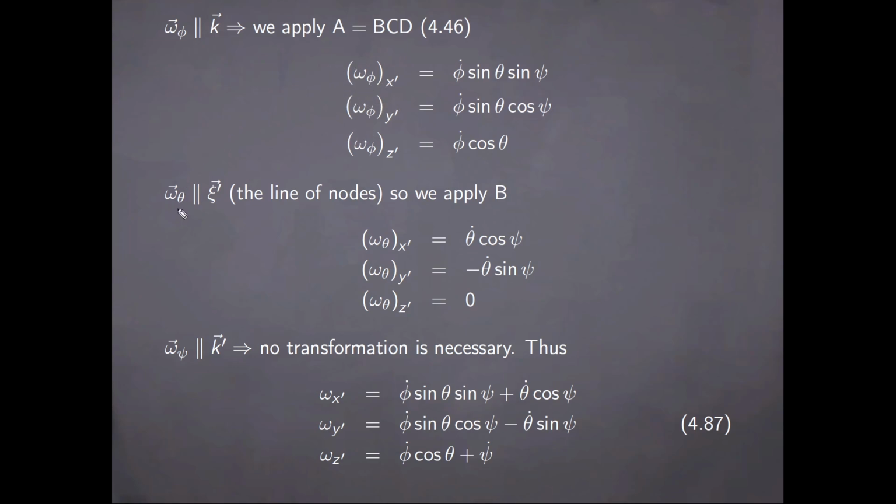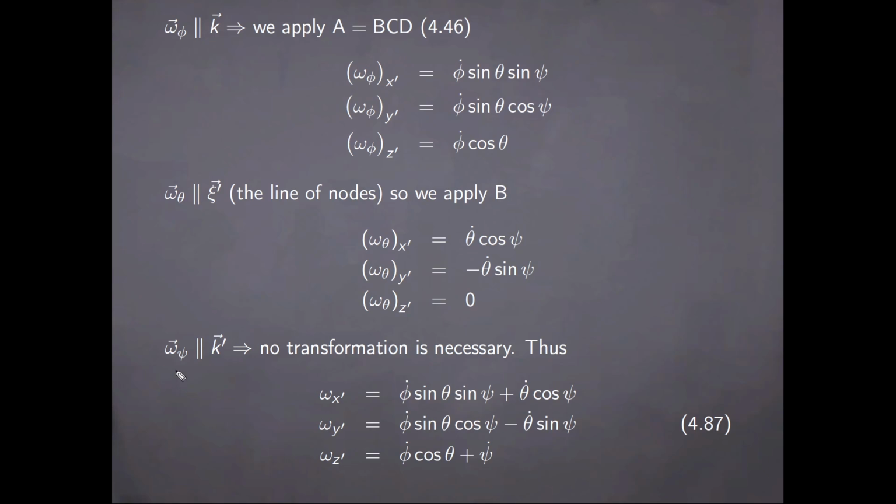For the angular velocity corresponding to the Euler angle theta, this one is going to be parallel with the line of nodes. So in order to get it into the prime set of axes, we need to apply the last intermediate transformation, the transformation B, and this will give the components here.